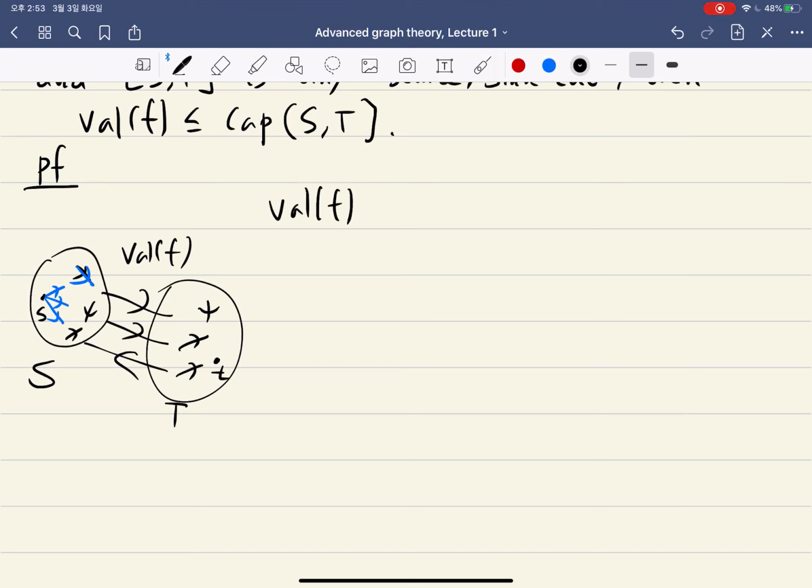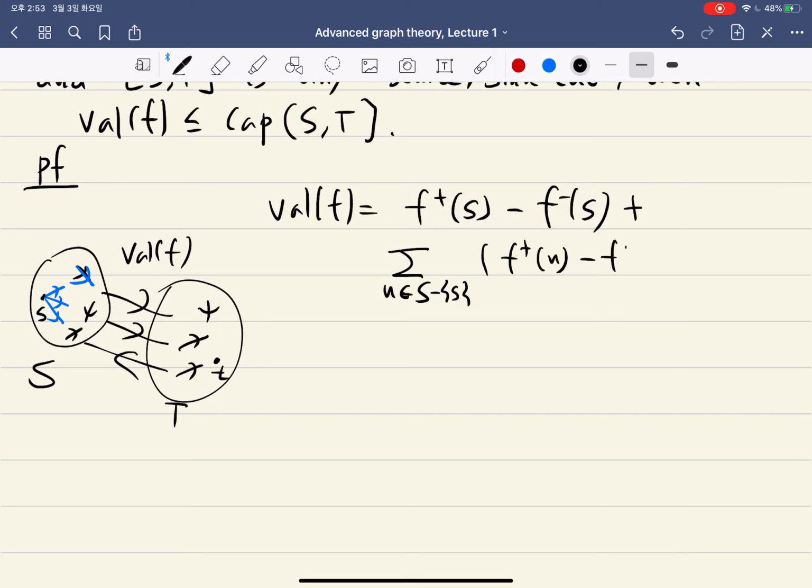So let's write it in a more rigorous way. The value of f is the amount of flow coming out of S minus the flow going into S. And for all internal vertices in S, we take this number.